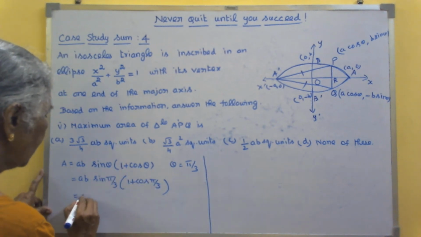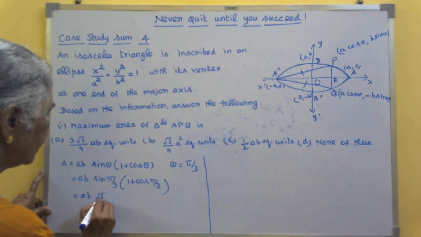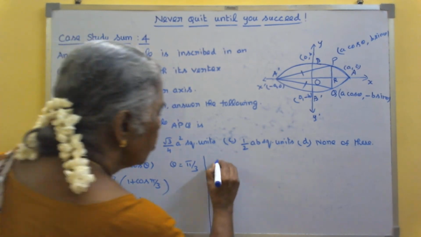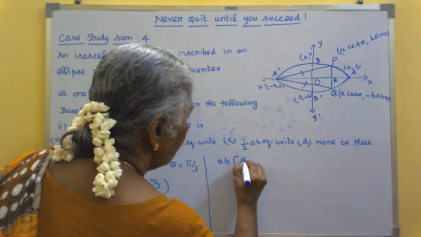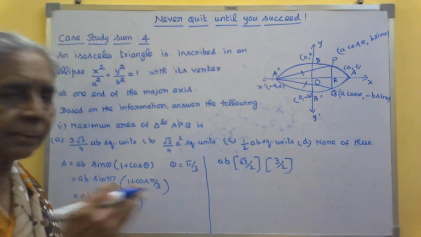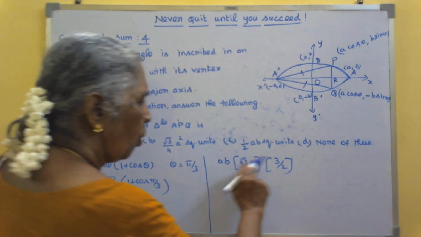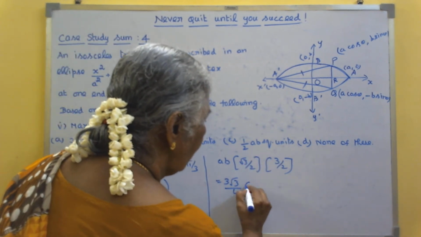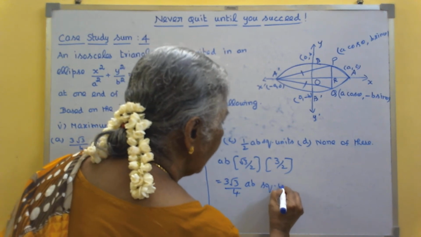So let us substitute AB into, this is root 3 by 2. This is 1 plus 1 by 2. So you will get AB root 3 by 2 into 3 by 2, because 1 plus half, that is 3 by 2. So we will actually get 3 root 3 by 4 AB square units.